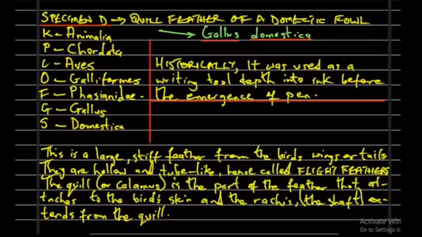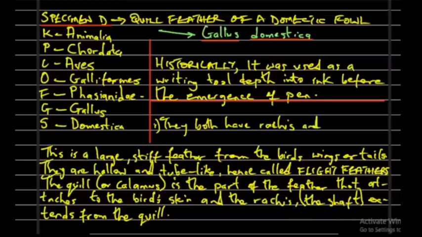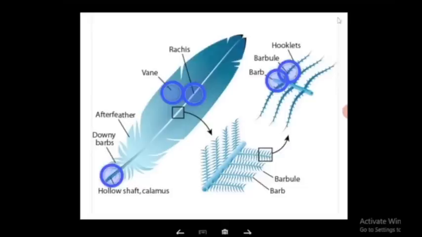One is that they both have rachis, and then they both have barbs. This is what I'm saying here.